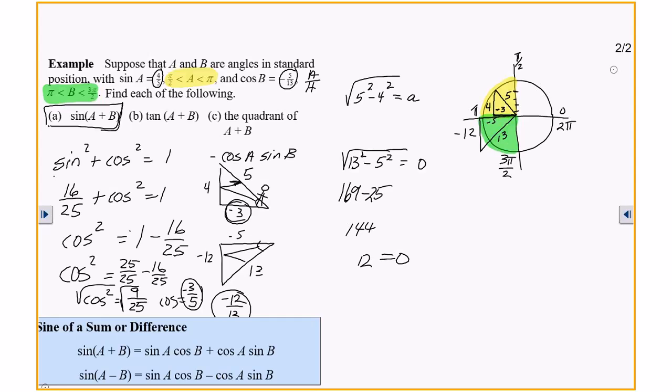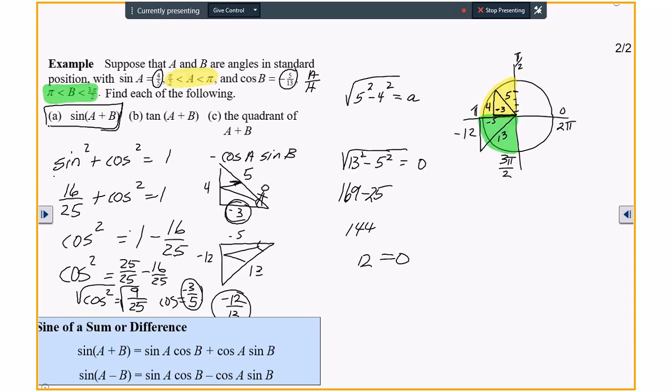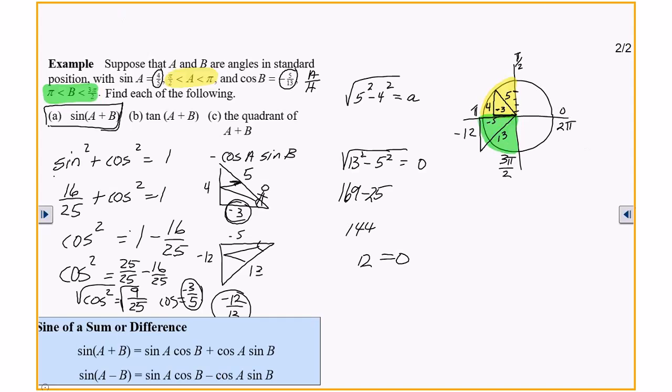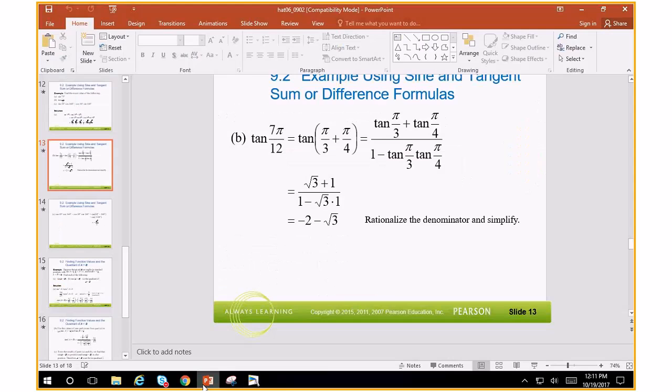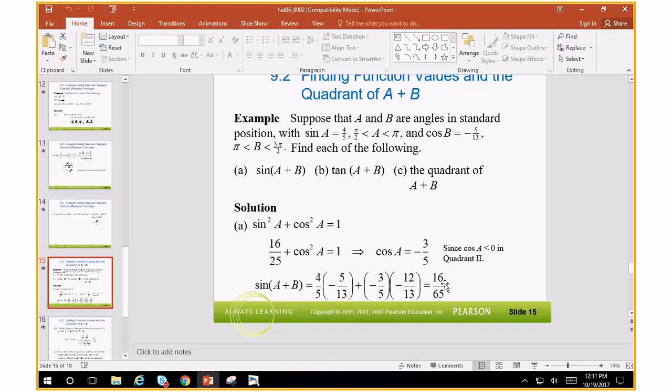You'll see. Let me just show you the slide, because with this board, I'm about aggravated. Okay, right here. They got the 16 over 25, and then they got 3/5. Now they took that 3/5, and where did they get that 12 over 13? Well, that's what we figured a while ago.